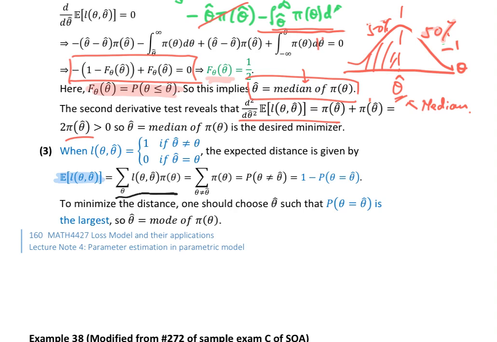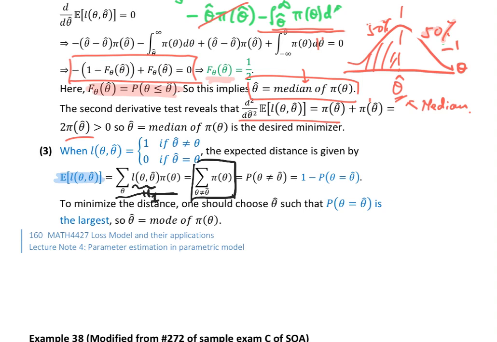Remember for this loss function, only when theta hat does not equal theta does it take the value 1. Otherwise it is equal to 0. Because of this, the summation is just equal to the summation of pi theta over the cases where theta does not equal theta hat, because this gives you the loss equal to 1.